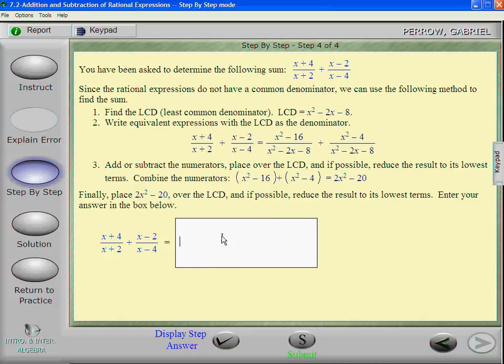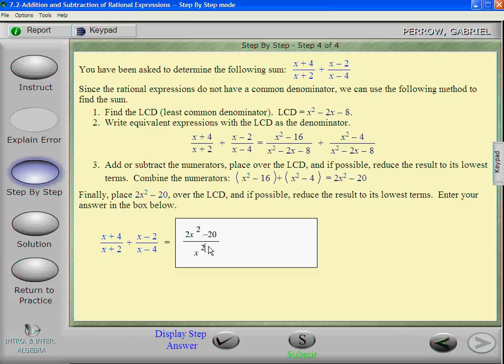And then they say finally place that value over the lowest common denominator, reduce if possible. So this example here, when you plug this in, most likely will be the simplified final answer.